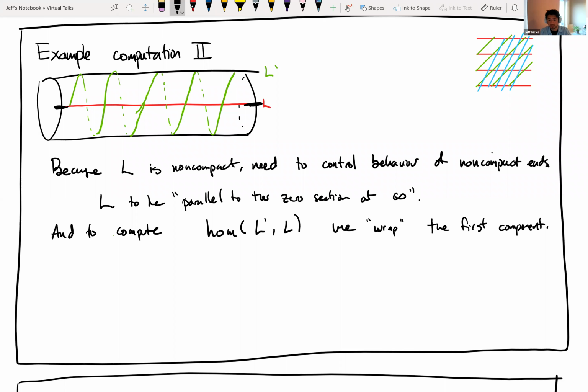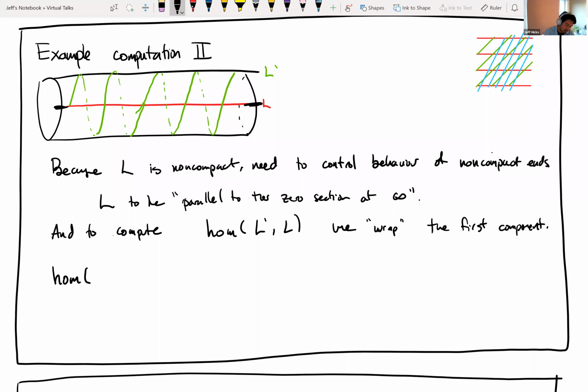The reason to do this is to ensure some kind of compactness of holomorphic disks. So no holomorphic disk can have a non-compact size because it has to get past all of these wrappings, and it's not possible for it to do so.